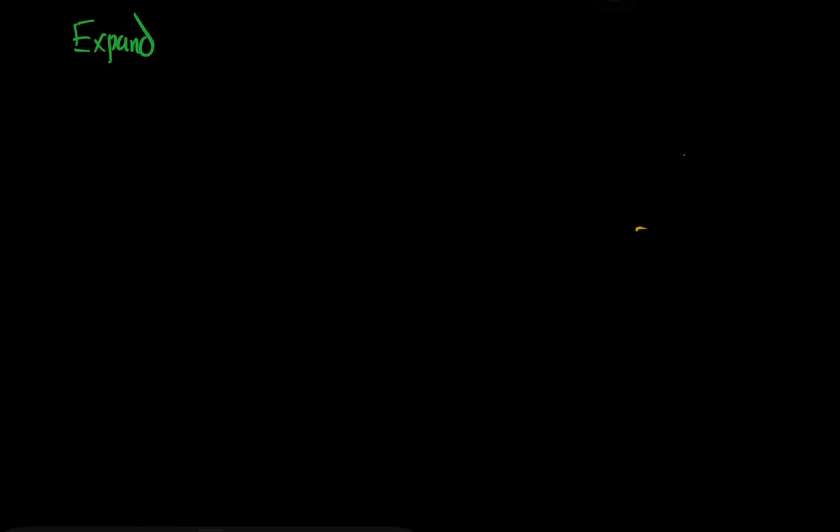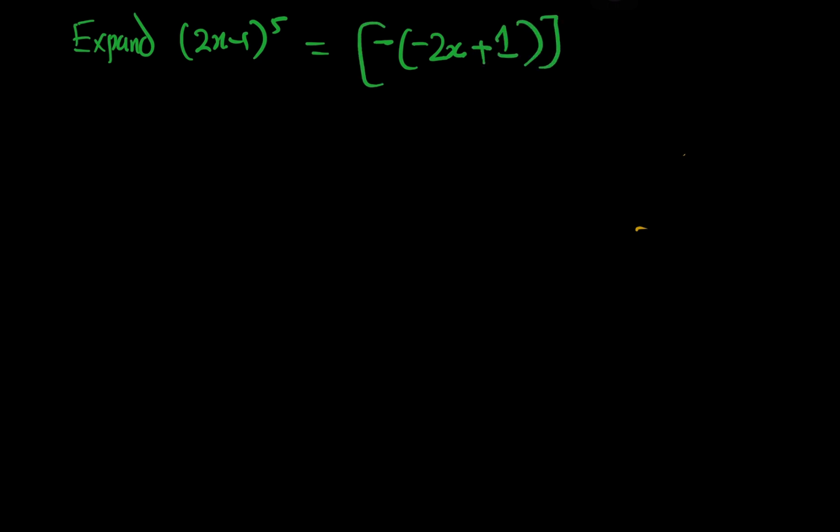So we have 2x minus 1 to the power of 5, and we are saying that we should factorize negative out on the inside. So you're going to have negative 2x plus 1, and then the outside will take it like that. This negative takes on the 5 here, and the negative 2x plus 1 also takes on the power 5.